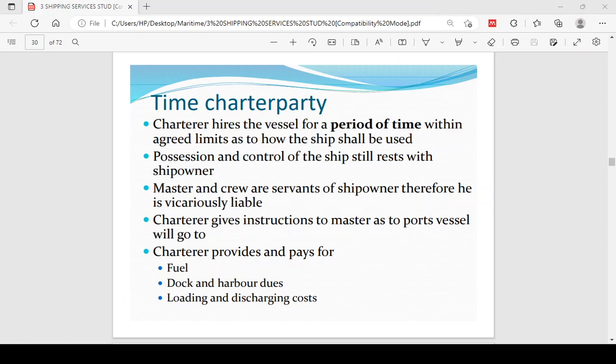However, it is the charterer who gives instructions as to which port the vessel will go to, because he has a cargo and he wants to move his cargo to that port or this port. So he will determine which port he's going to go to, and the ship owner will not have any reason to refuse to go to the port he's agreed upon. Usually in voyage charter, the charterer will specify a specific port. That is, we are going to the port of Tema, we are going to the port of Lome, we are going to the port of Abidjan.